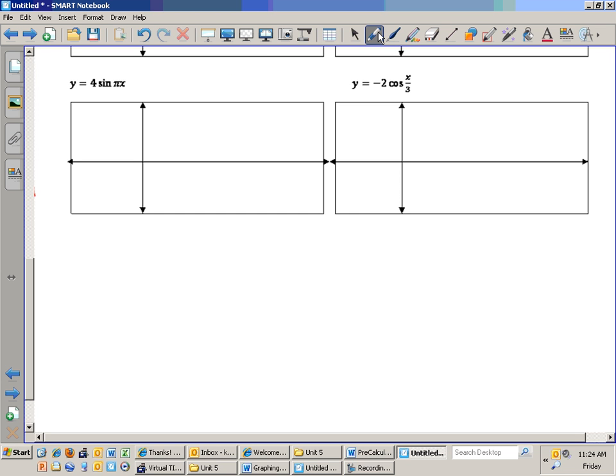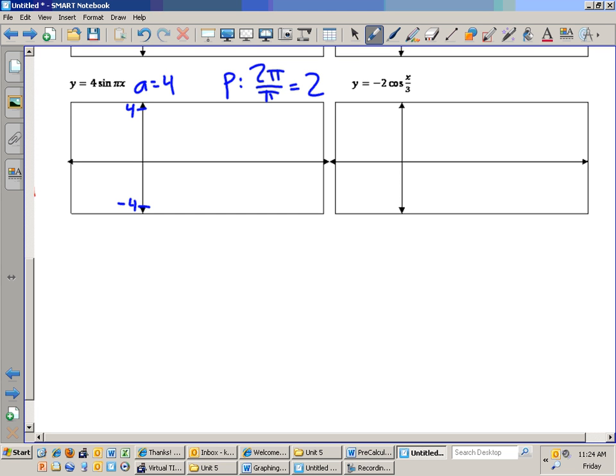So what is the amplitude of the first one? When I identify the amplitude, what do I do right after that? I mark it off on the y-axis as positive 4, as negative 4. There we go. What is the period? 2 pi divided by pi, which is 2.